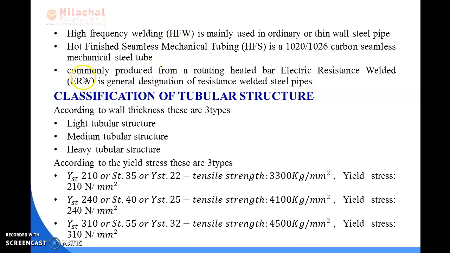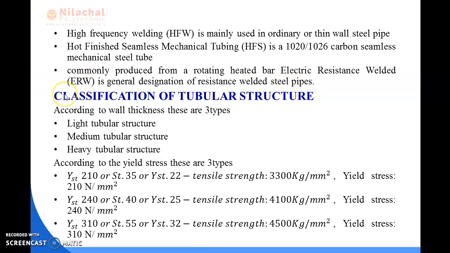The third one is ERW, which is commonly used and produced from a rotating heater bar electric resistance, which is the general designation for resistance welded steel pipes.